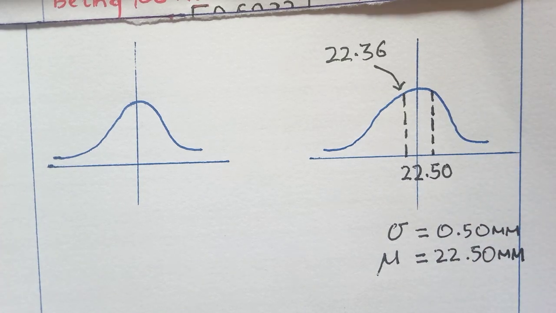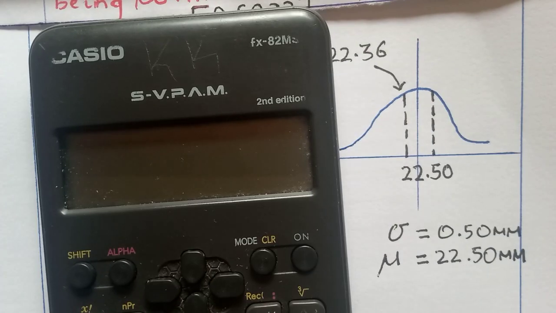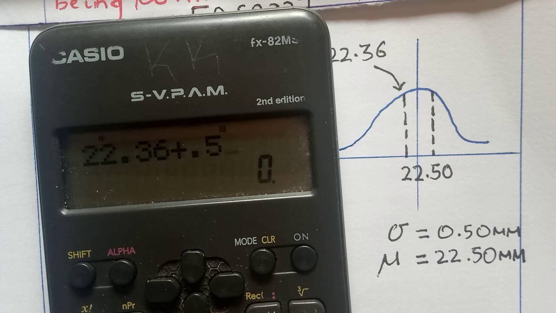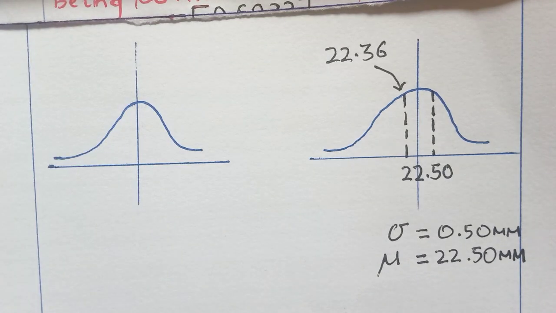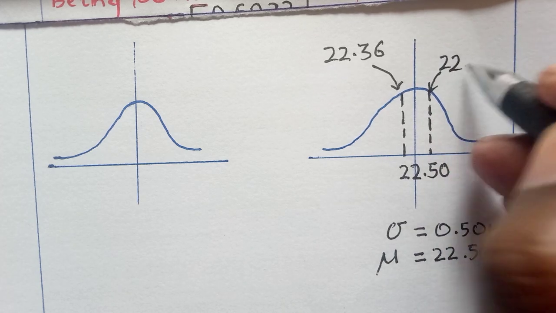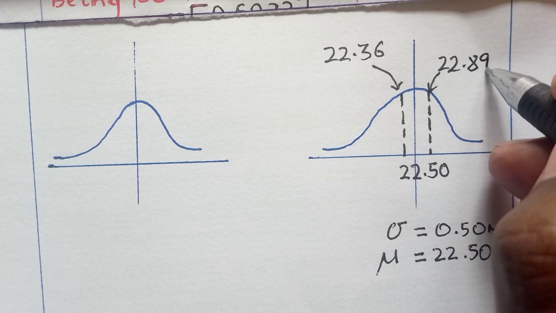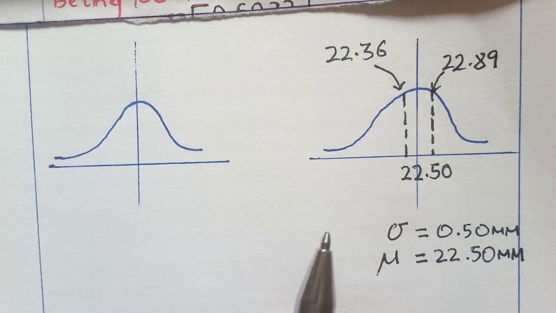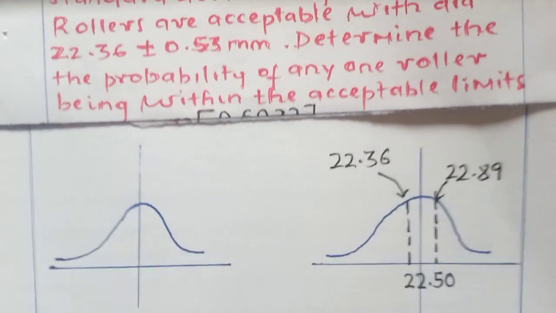Let me just calculate that one. 22.36 plus 0.53 gives us 22.89. So at this point we have 22.89. That is plus 0.53 as we have seen there.